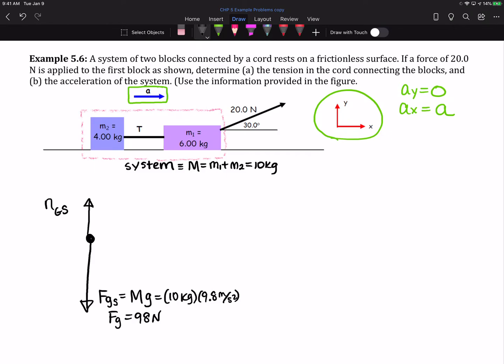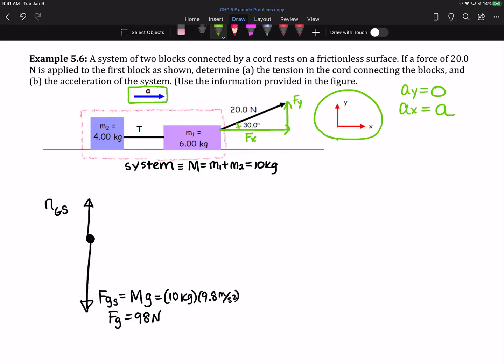You'll notice that I did not draw it as large as the force of gravity. That's because I'm thinking ahead just a little bit. I'm thinking about the fact that this 20 newton force applied to the system has to be resolved into components. It will have a component in the x direction and a component in the y direction.